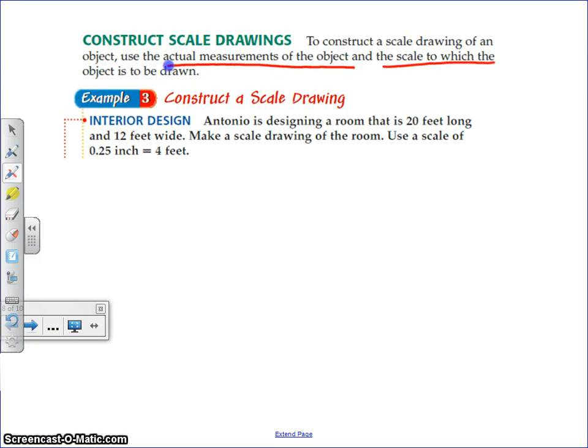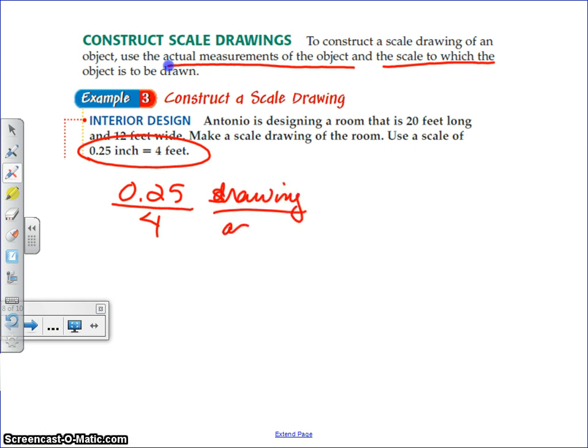Antonio is designing a room that is 20 feet long and 12 feet wide. Make a scale drawing of the room, it says. Use a scale of 0.25 to 4 feet. So that means this is the drawing size, and this is the actual size.